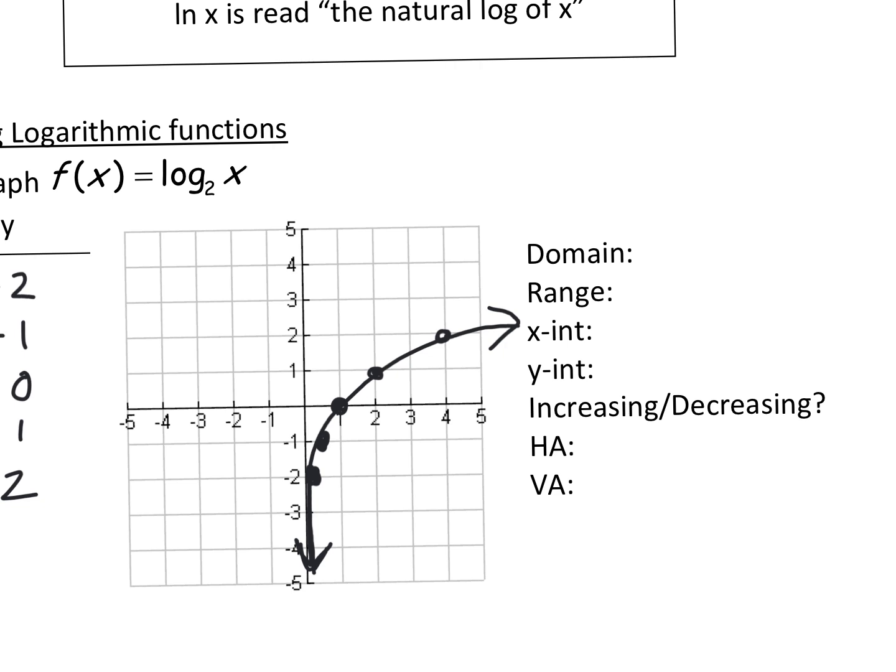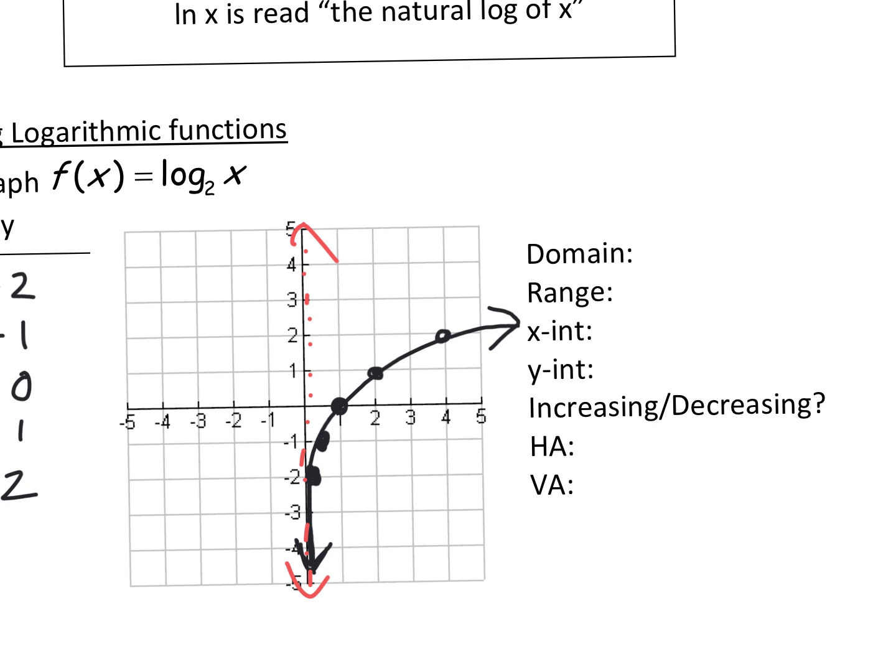Okay, so domain. Just like we had a horizontal asymptote for exponential functions, we have a vertical asymptote for logarithmic functions, because our input is the value, and you can't take a positive real number to an exponent and get out a negative number.